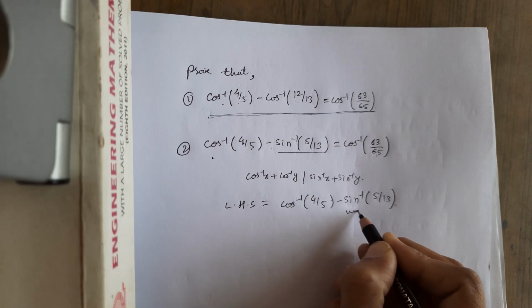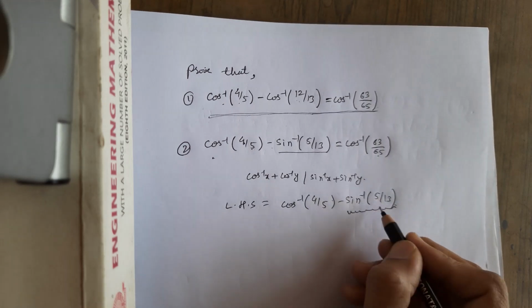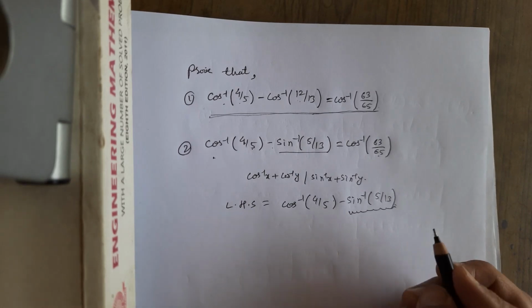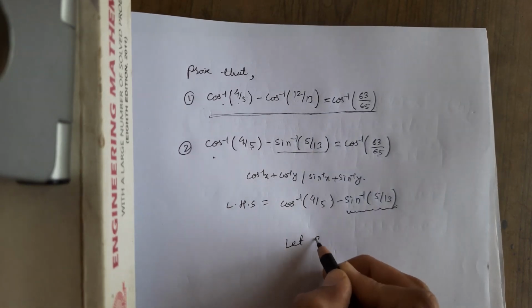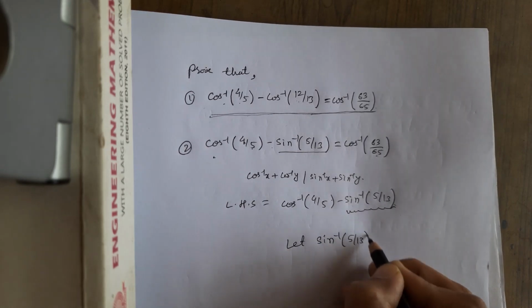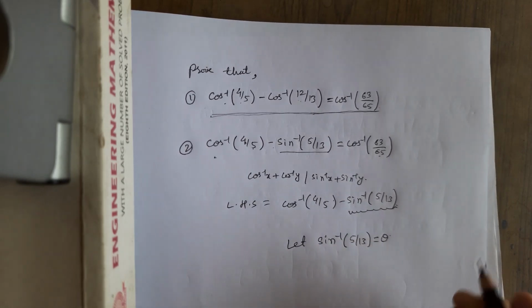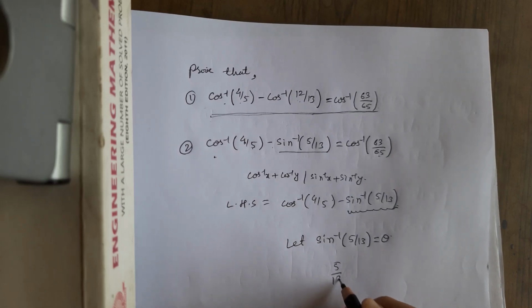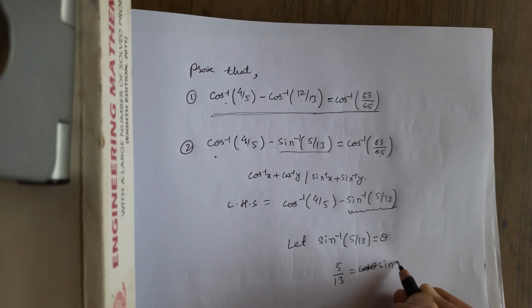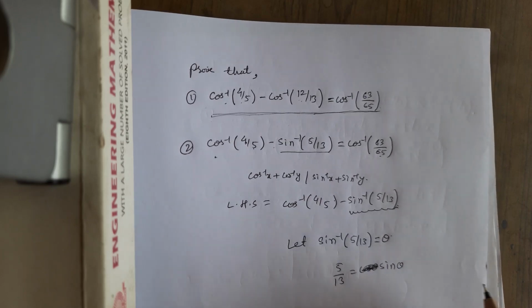Now I am going to find the equivalent form of sine inverse of 5 by 13 in the form of a cosine angle. So I am just considering sine inverse 5 by 13 equal to theta. So 5 by 13 equal to sine theta, by the definition of inverse function.